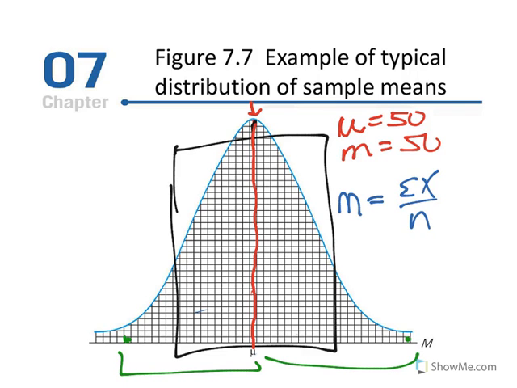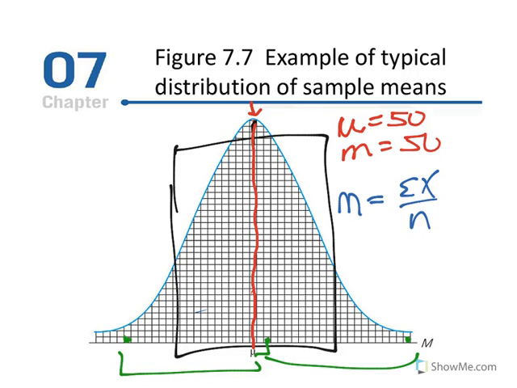So the standard error is taking into account all the differences. Some values are very close, like this one, very close to mu, whereas we have this other one very far out in the tail that's very different. The standard error is simply representing the average distance or difference that we see between M and mu.